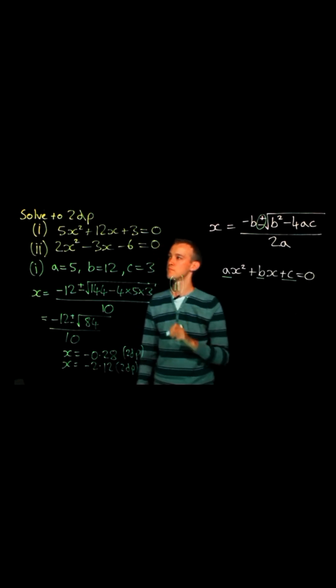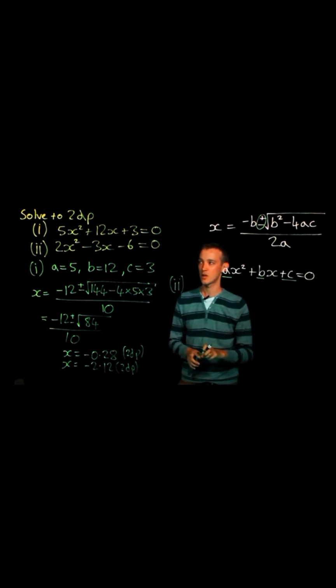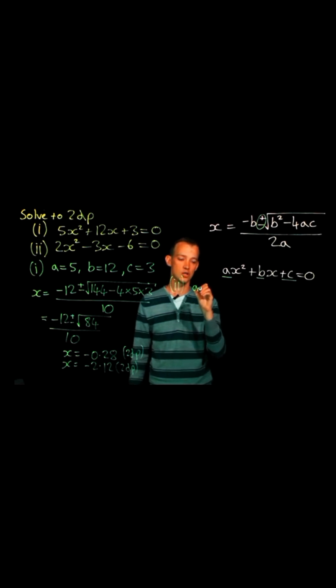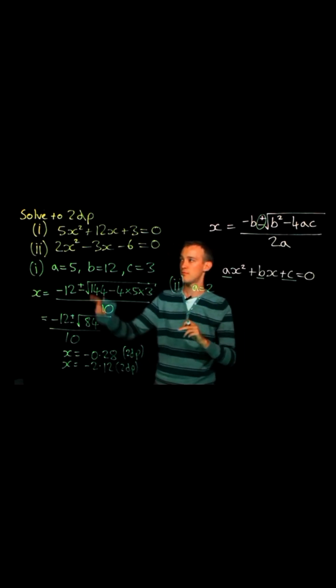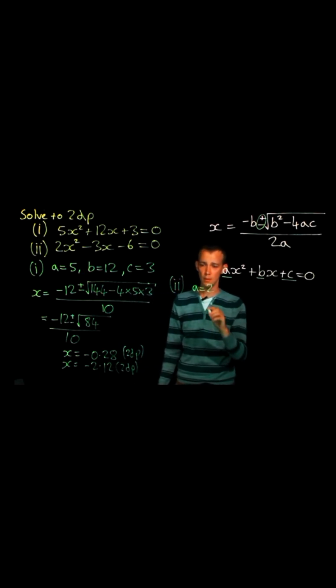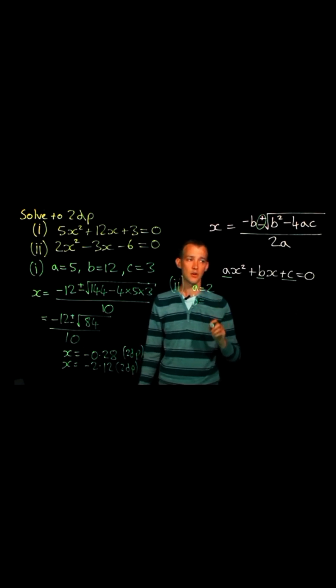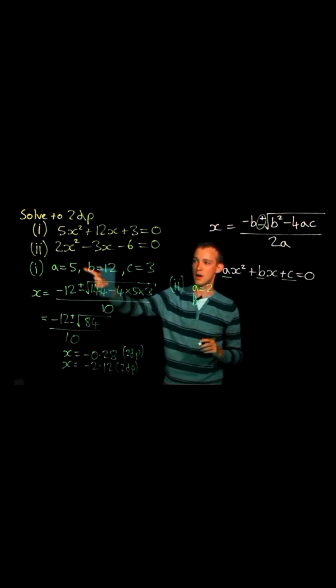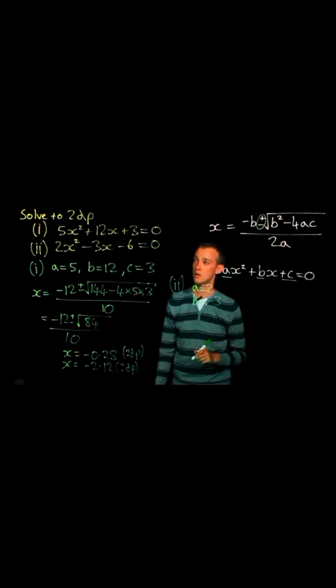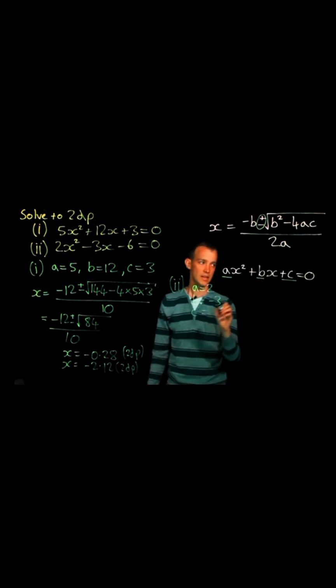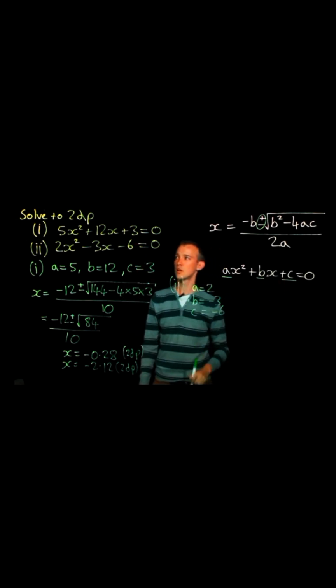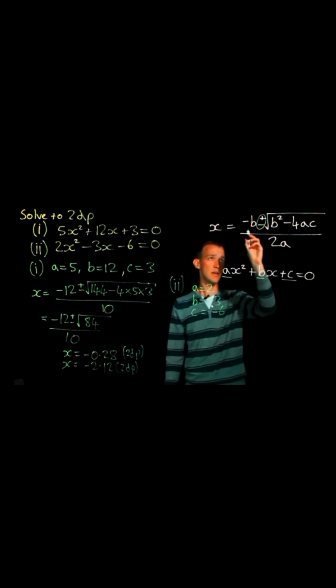For the second one, I've got a different quadratic equation. Again, I'm going to do the same method. I have a is equal to 2, because a is the number before the x squared here. My b here is not equal to 3, it's equal to minus 3. And my c is equal to minus 6, the whole number there. So I have minus b.